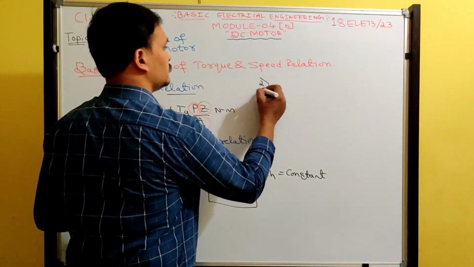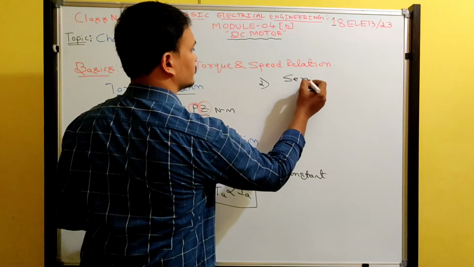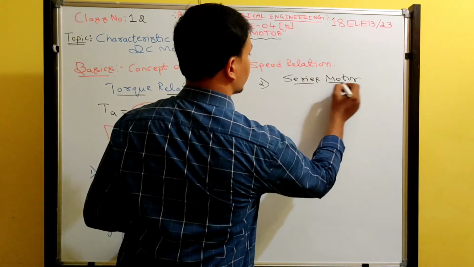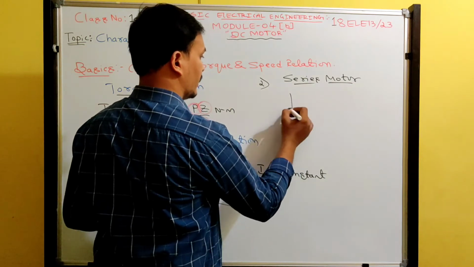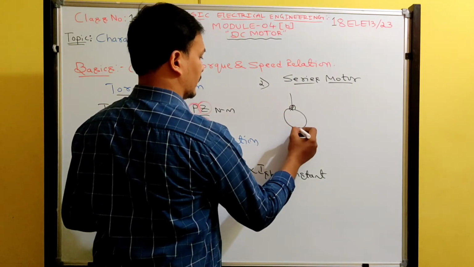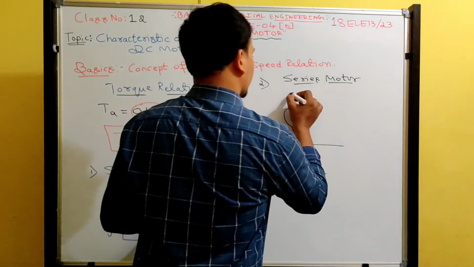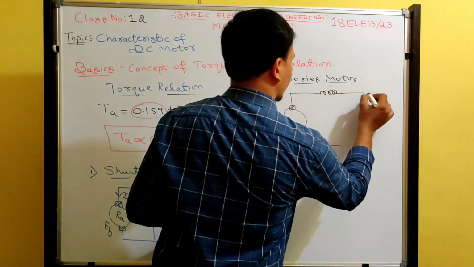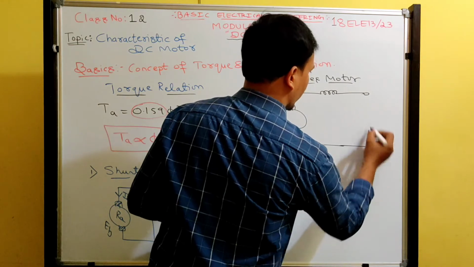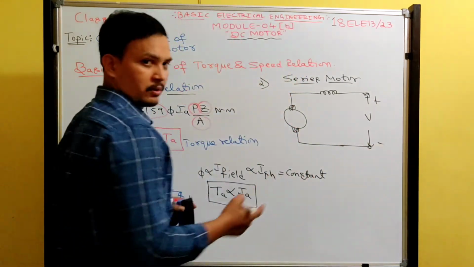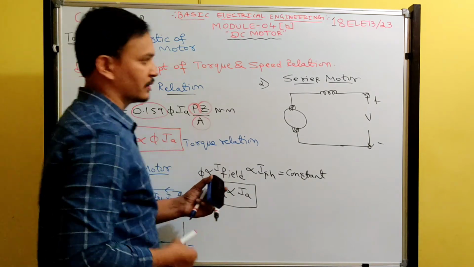Similarly, for a series motor, what will be the torque relation? For a series motor, the same field winding is connected in series with the armature. The motor is connected to the supply voltage.